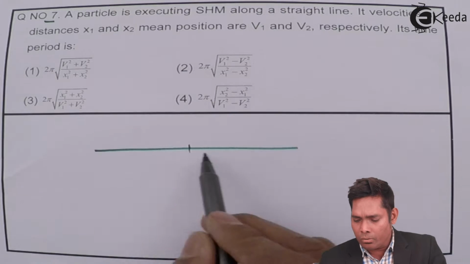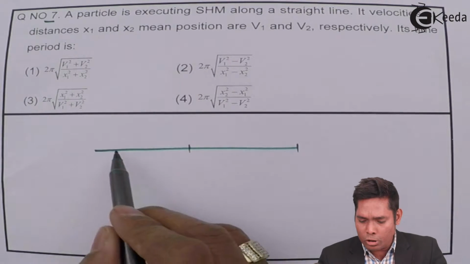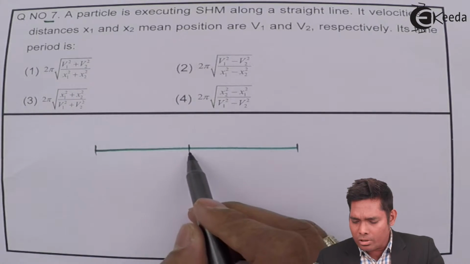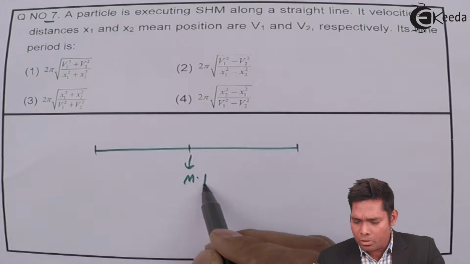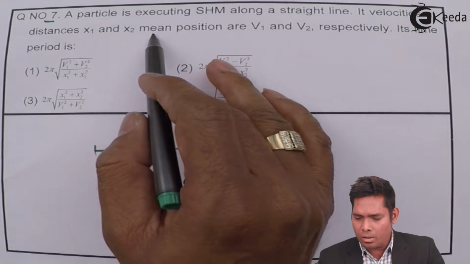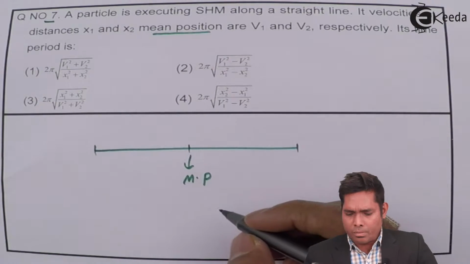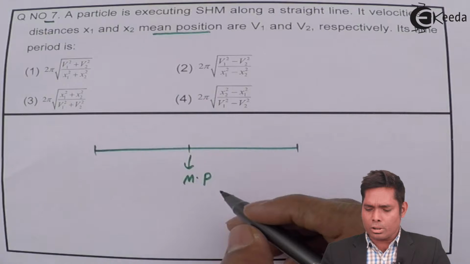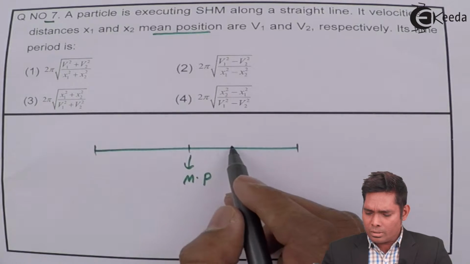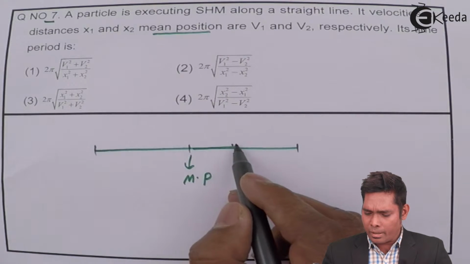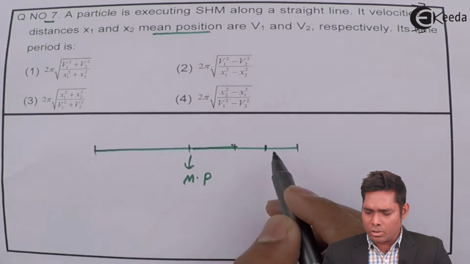Suppose that we have an SHM which is going on between these two extreme points, and this is the mean position. From the mean position, its velocities at distances x1 and x2: suppose this is my x1, and this is my x2.